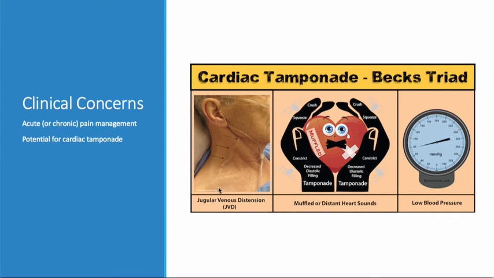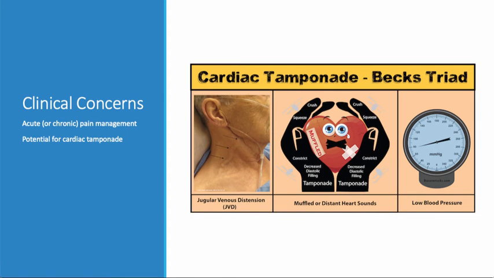Beck's triad is these three things that occur together, and you should be able to recognize these. One is you see this jugular venous distension. Sit the patient upright in bed, look for veins. If you see them, that's a concern, right? Secondly is muffled heart tones. So because there's this fluid around the heart, it's sort of hard to hear.